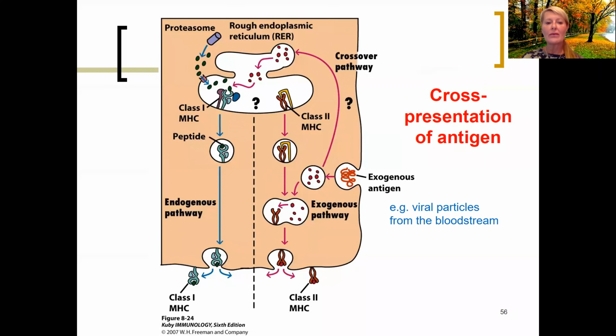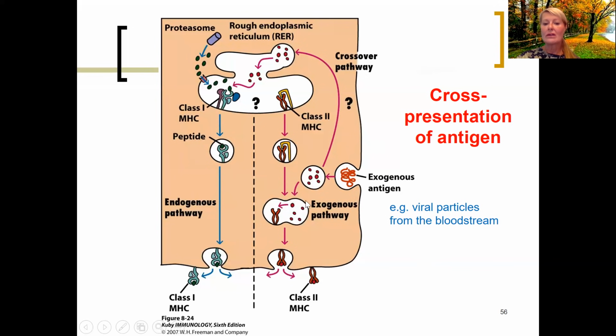So if you remember from last day, we talked about the two main pathways. We have a class 1 pathway over here, which is mainly processing of antigens from within the cell that are manufactured within the cell, for example, in the cytosol. And we have the class 2 pathway over here on the right, when antigen is taken in via phagocytosis, for example, from outside the cell.